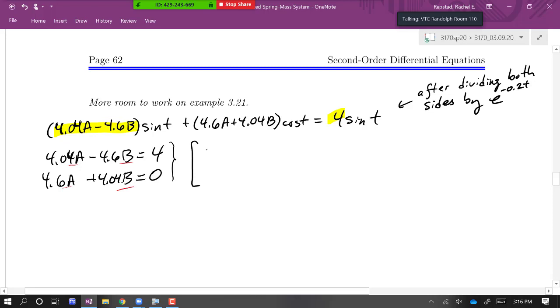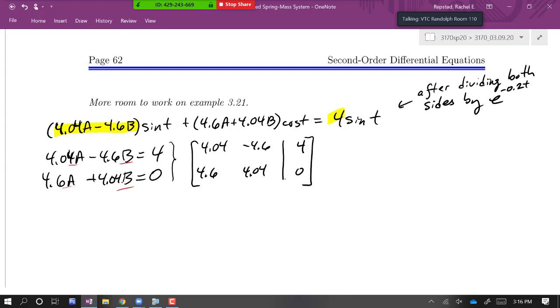I'm just going to strip the variables out and just write the coefficients. So 4.04, negative 4.6, 4, and then 4.6, 4.04, 0. There's our matrix. Usually we draw a little vertical line where the equal signs would go.